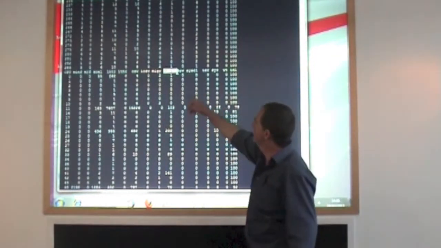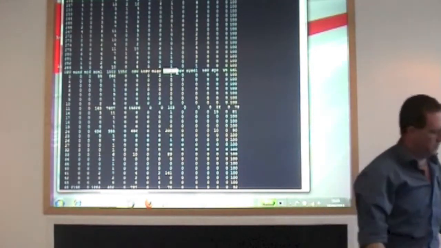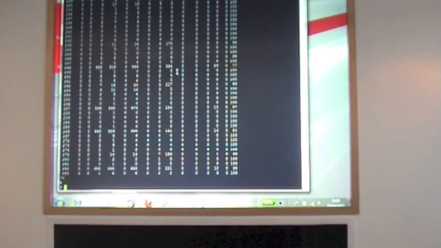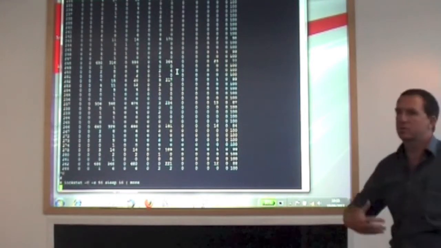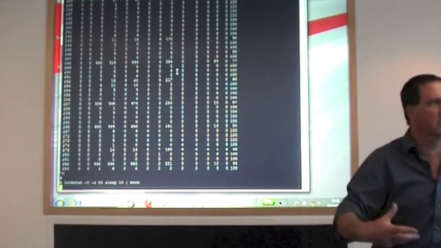These are trivial numbers. There's not much going on here that would be lock intensive, but this may give you an idea of what I was talking about if you've got that sort of server-side NFS.